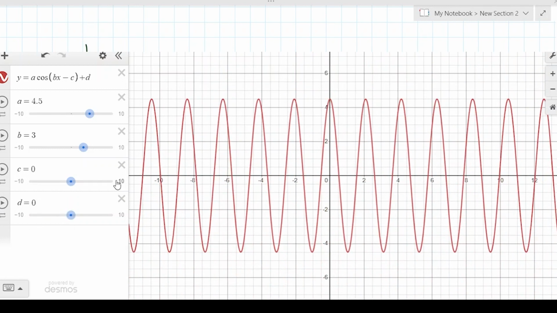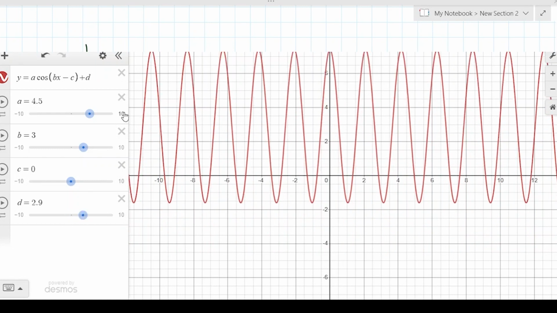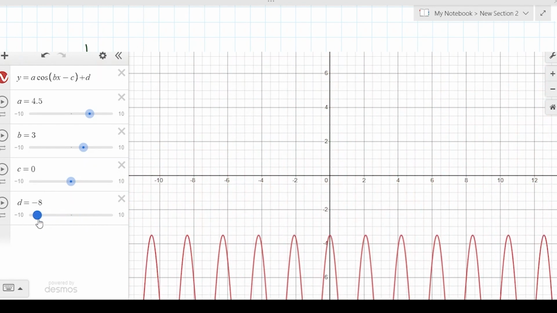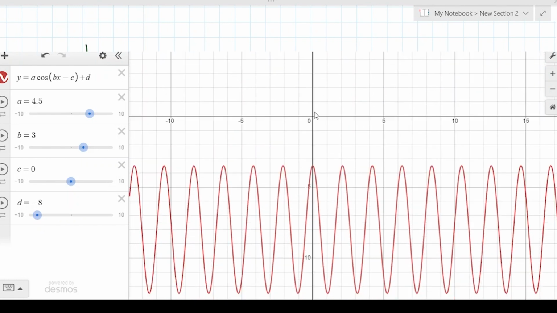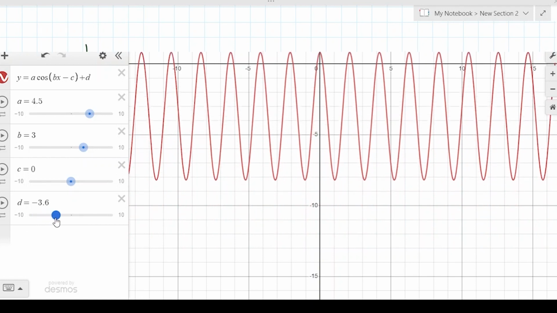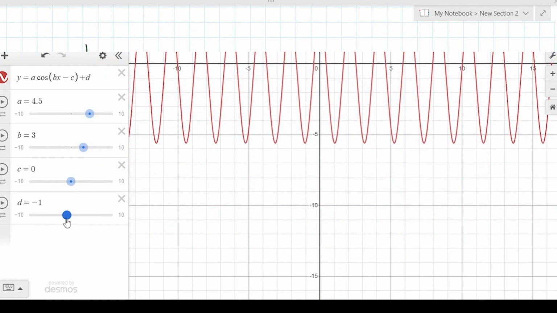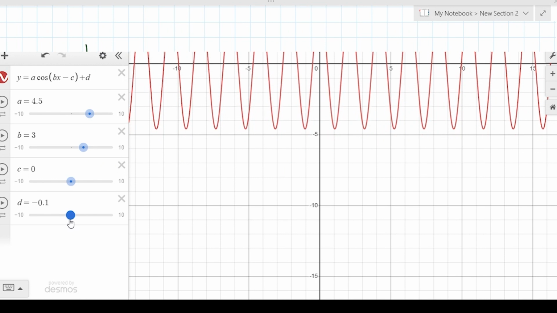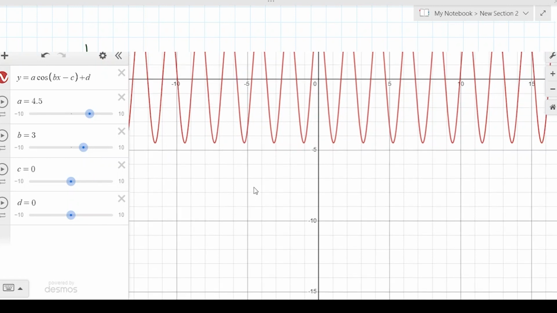When it is 0, the mean position is at the x-axis, and when I move it upwards, its mean position moves upwards, and when I move it towards negative values, it moves downwards. So this is the way we can understand the graph, and you can practice it yourself on Desmos, to see how the behavior of the graph is shown here.